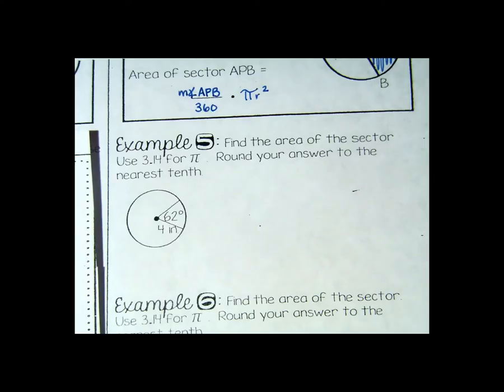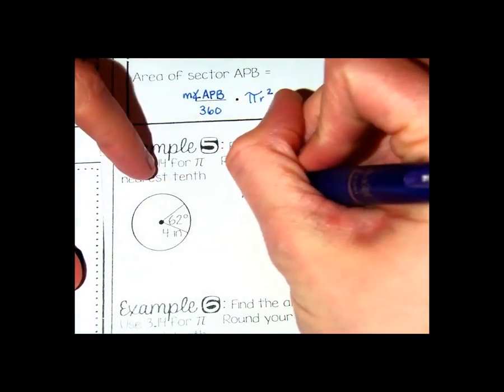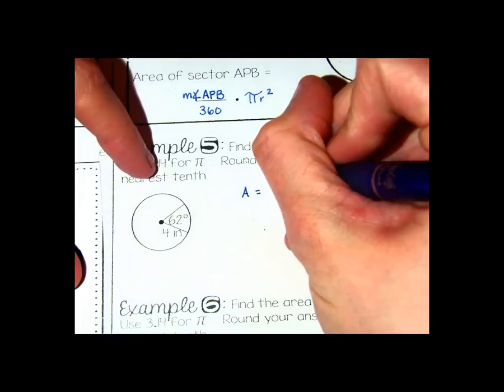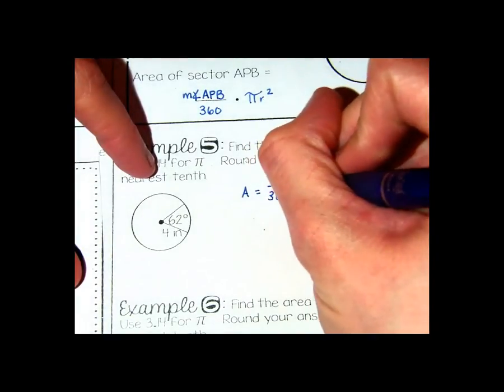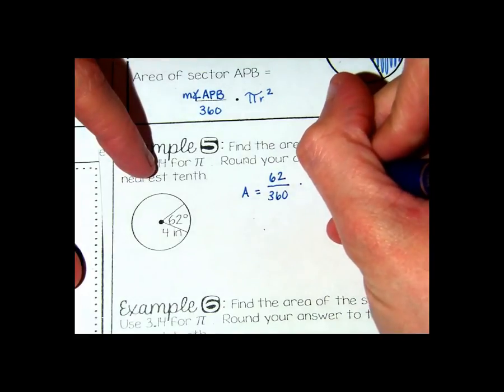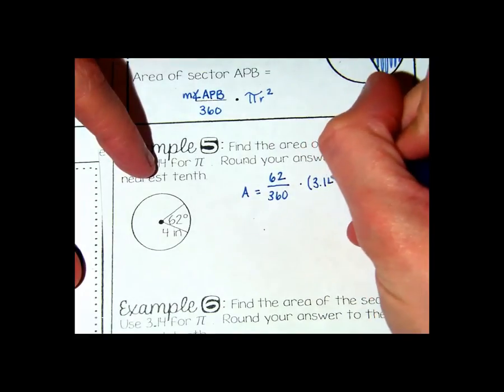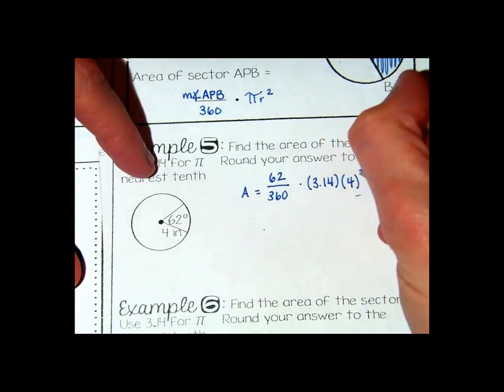So example 5, find the area of the sector. It already gives you the angle, so how am I going to set that up? The area is what? 3.14 because it says use 3.14, times 4 squared.